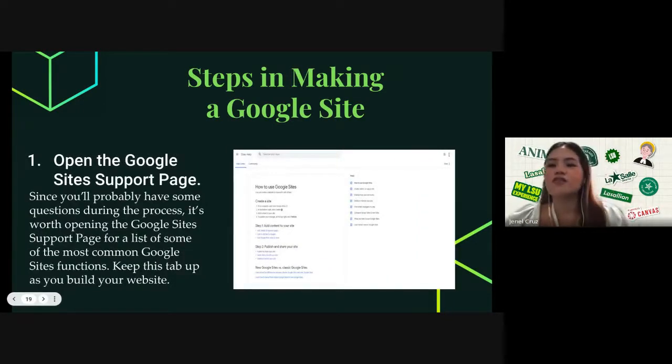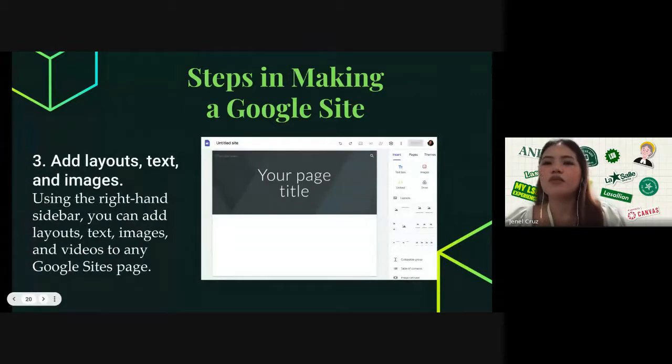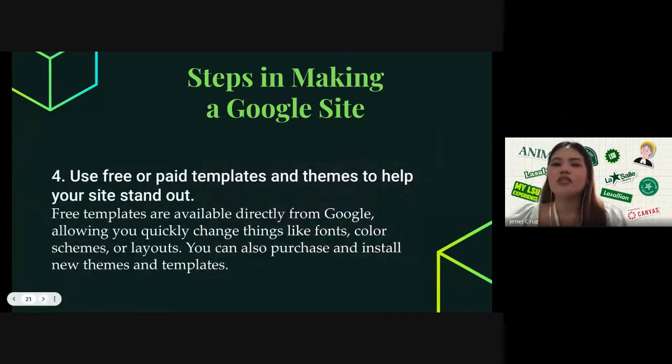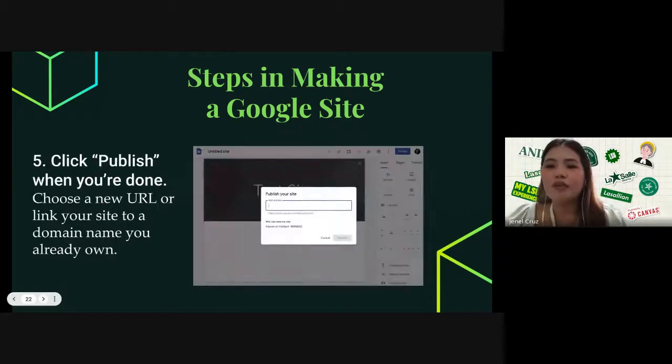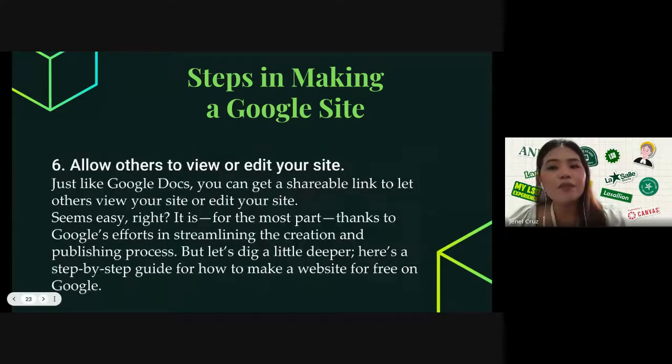Okay, so that's opening the sites, opening the Google support page, adding the layouts. That's what it looks like, using templates. Then step 5 would be clicking publish, publishing your site. You can create your new URL. And then the last step would be allow others to view or edit.